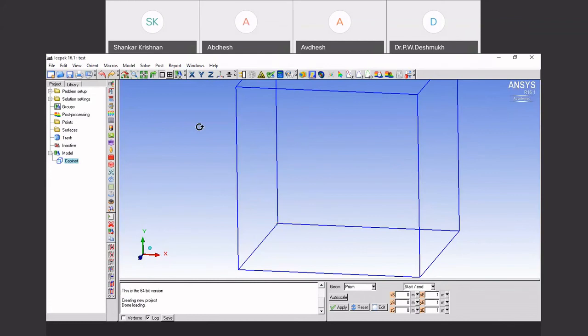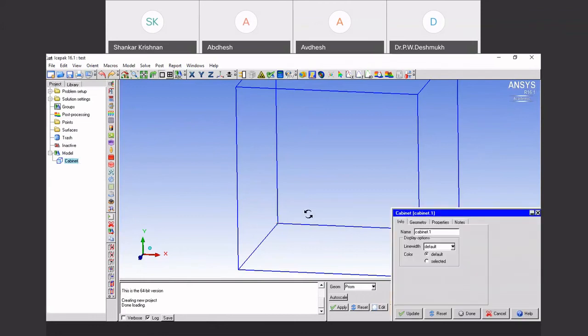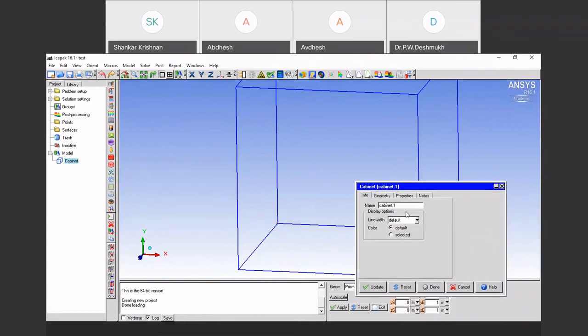Now I want to simulate flow over a flat plate, so I can double click this cabinet.